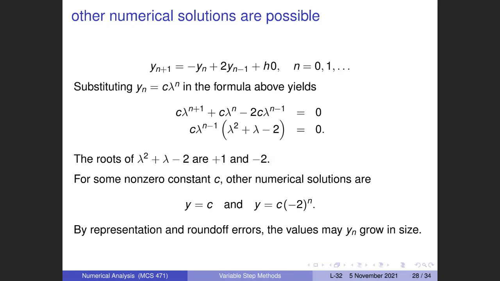How can we see that, and how can we then obtain other solutions? Well, we can obtain solutions that are growing in size. And how is that possible? Well, if we are substituting the solution that we expect. So we have a solution that depends on parameter lambda and power n, so a constant c in front of it.